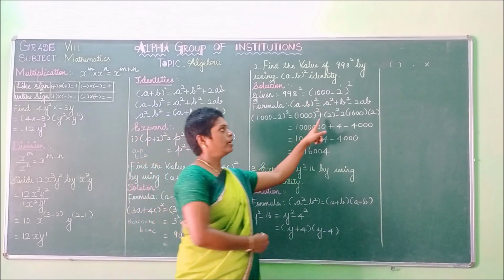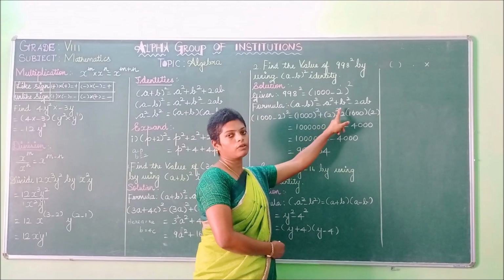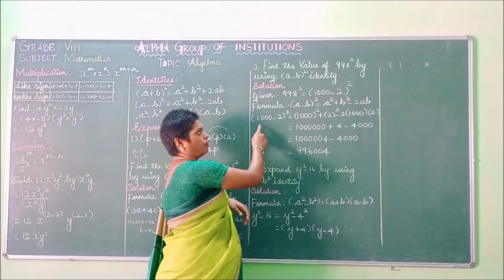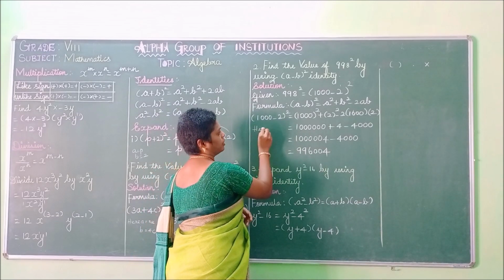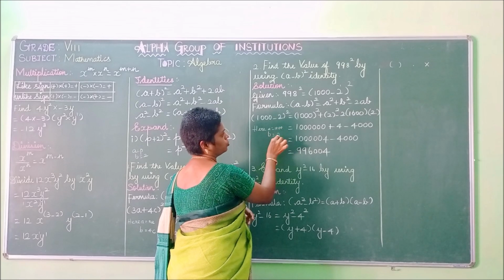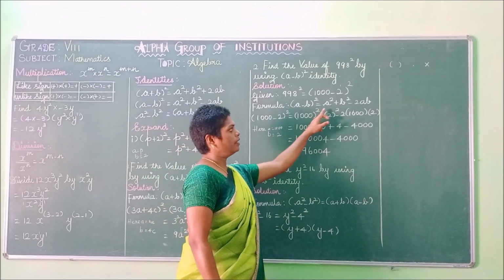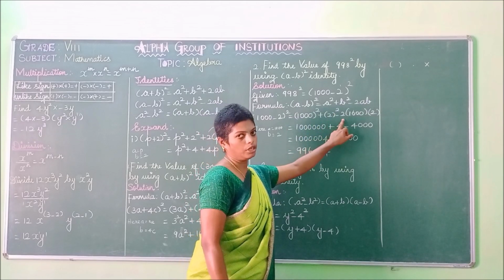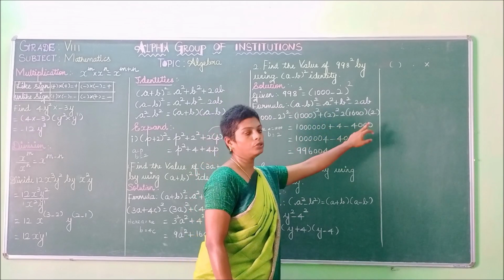So (a - b) whole square is nothing but a square plus b square minus 2ab. So listen, here a is 1000 and b is 2. So our a square is 1000 square, plus 2 square, minus 2 into a into b, that is 1000 into 2.